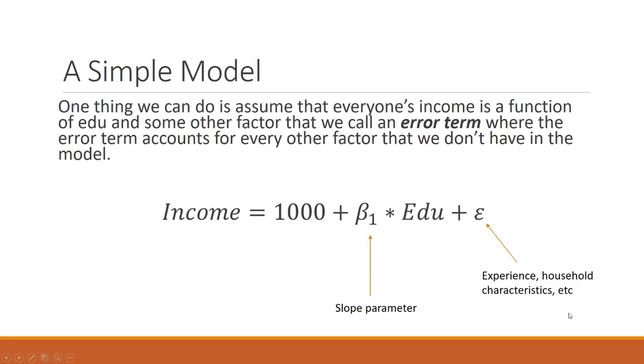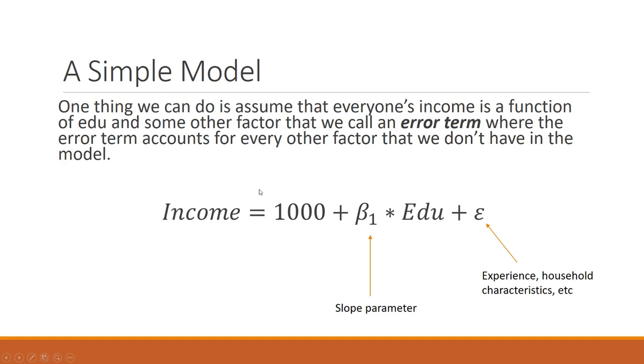I said the error term accounts for all the other factors that we don't have in the model. So this could be experience, household characteristics, age, where you live, your location, etc. Any other factor that might belong in a true, realistic model of income would fall in the error term.